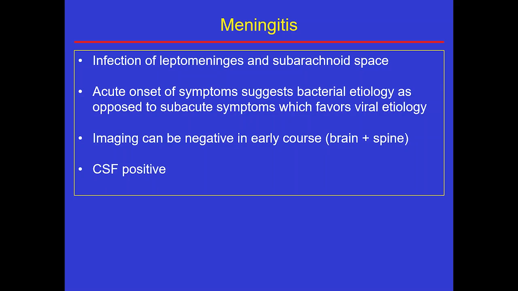If they have a subacute onset of symptoms, then it tends to favor more of a viral etiology. Important to recognize that imaging can be negative early in the course of these patients, both brain and spine, but that the CSF tends to be positive, and it is important to start antiviral or antimicrobial therapy early to improve clinical outcomes in these patients.